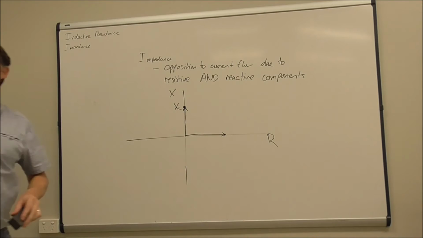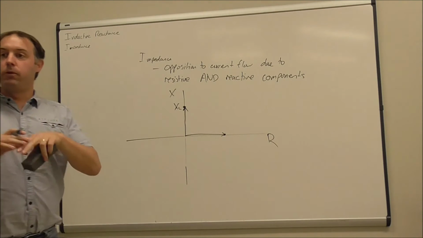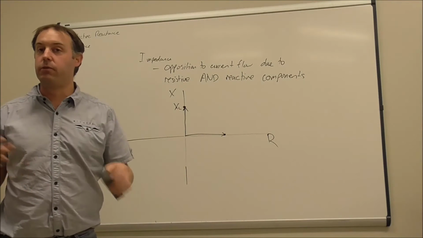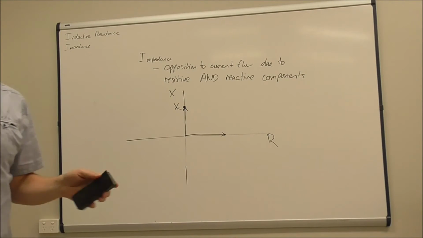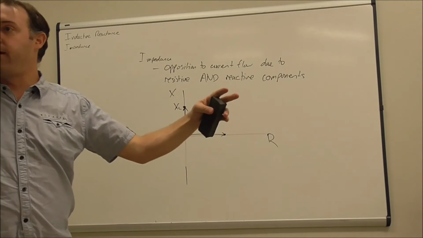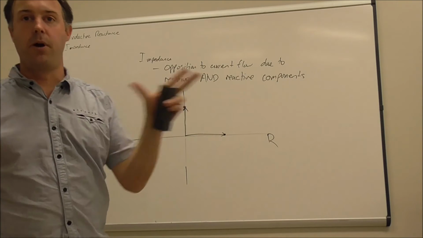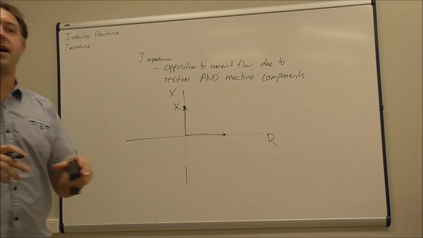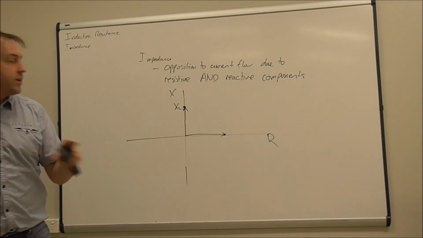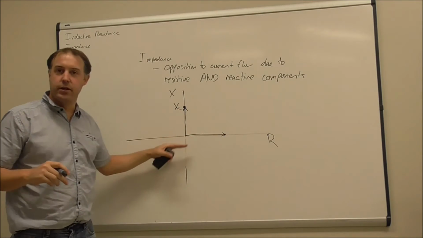If I have an inductor in series with a resistor, then in the same way that we would add their resistances if they're both resistors, we can add them together, but these are in opposite directions, aren't they?